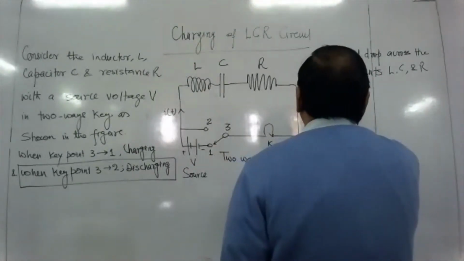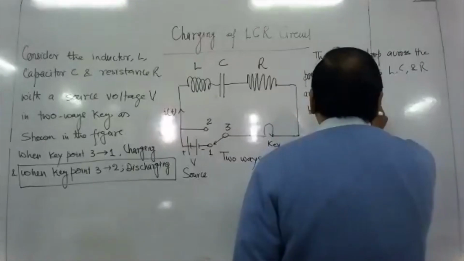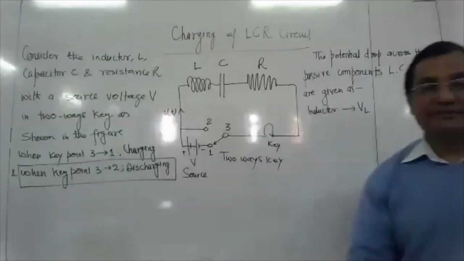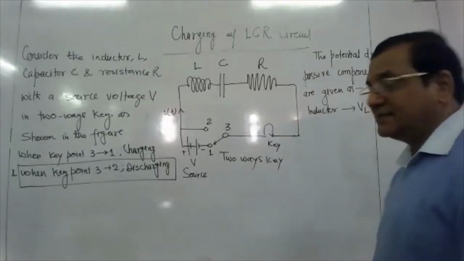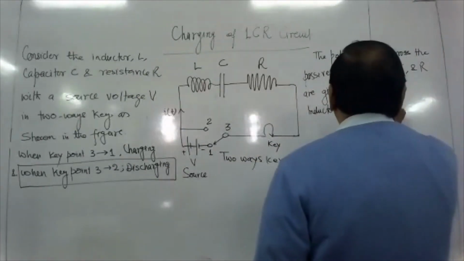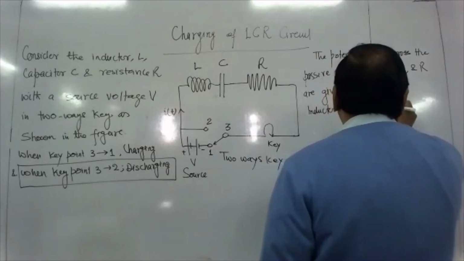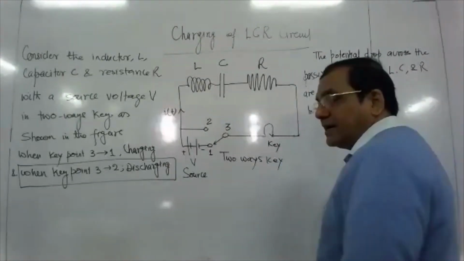Across the inductor, the potential drop V_L is L di by dt.